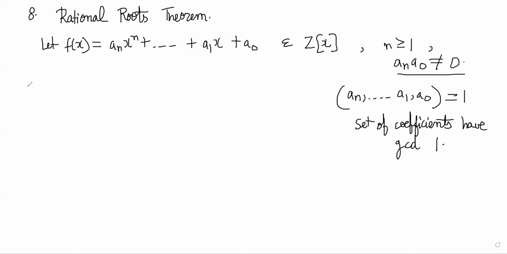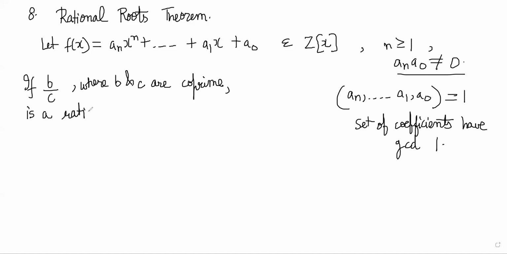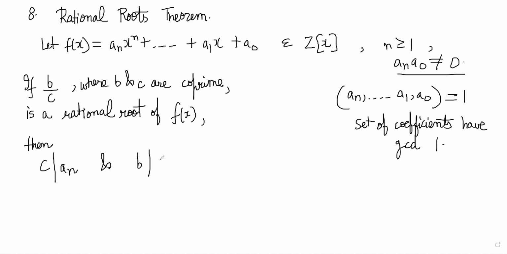In that case, if b by c, where b and c are coprime, is a rational root of f of x, then c must divide a_n and b must divide a_0. This is the main part of the theorem.